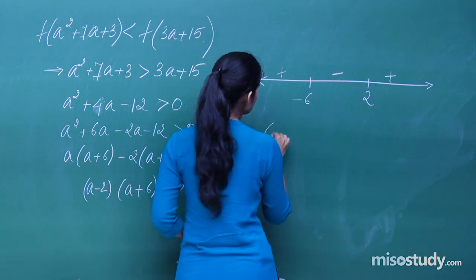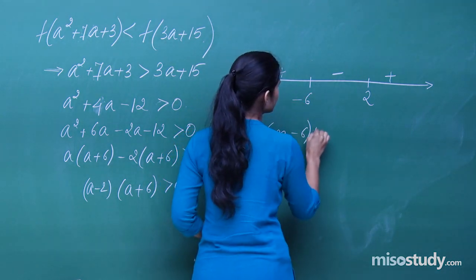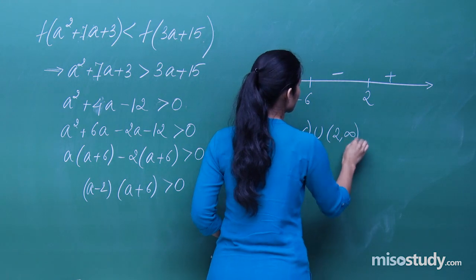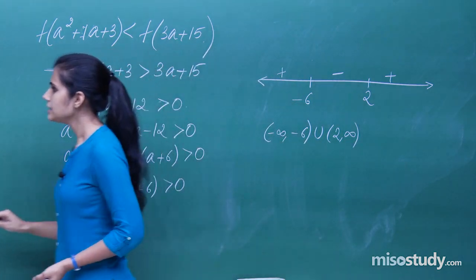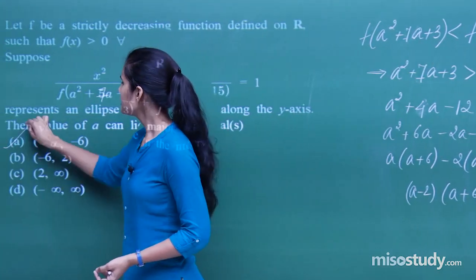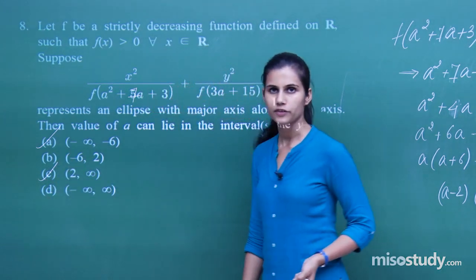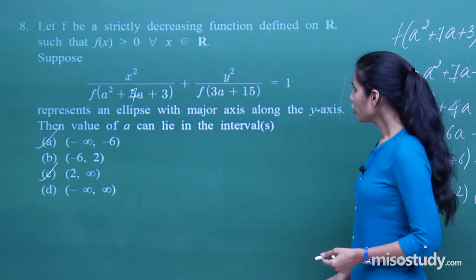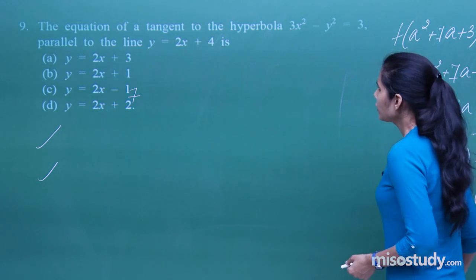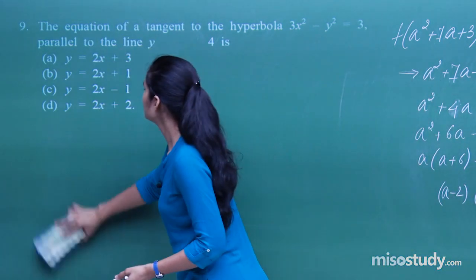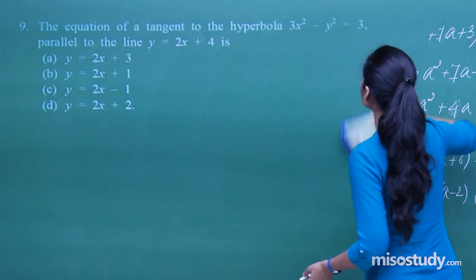So your answer is minus infinity to minus 6 union 2 to infinity. So the interval is minus infinity to minus 6 and 2 to infinity. Clear?